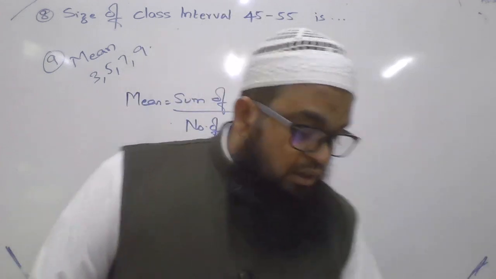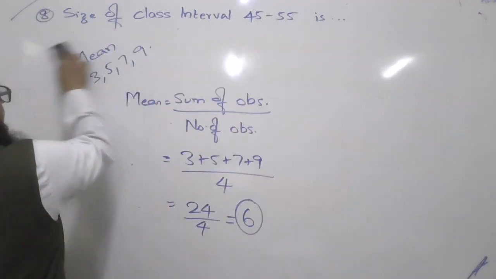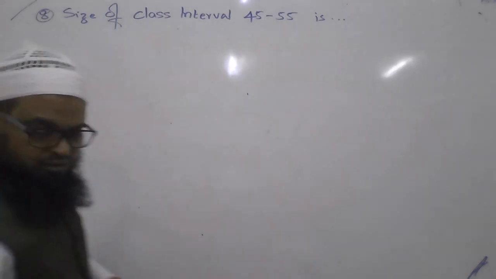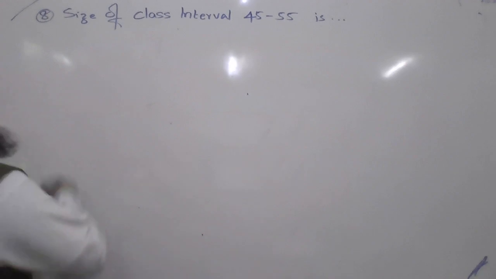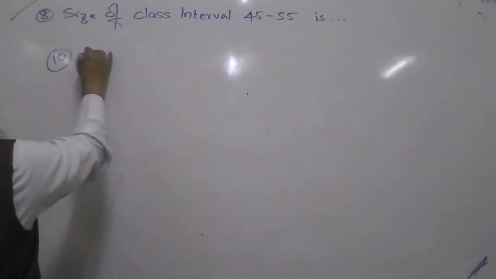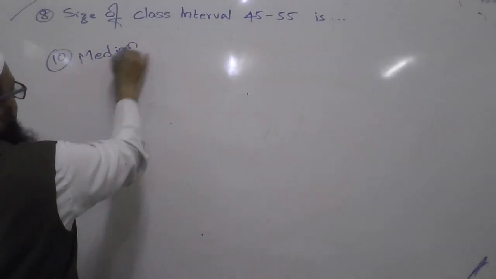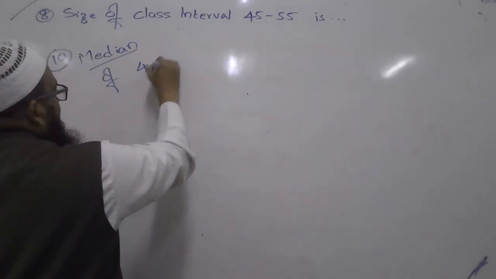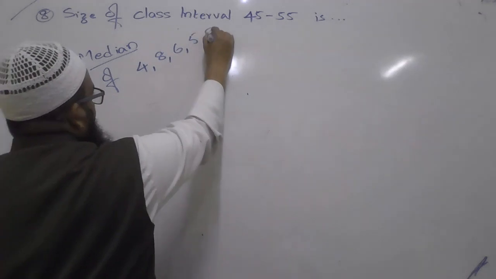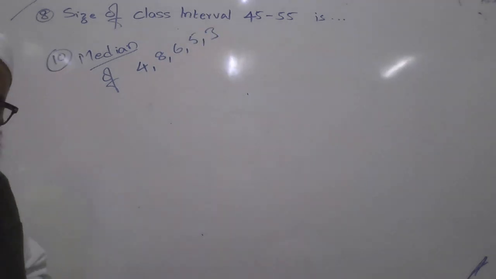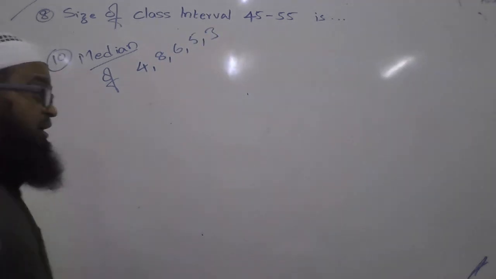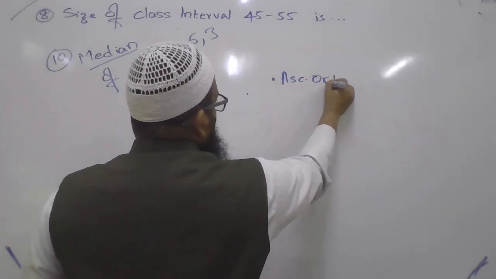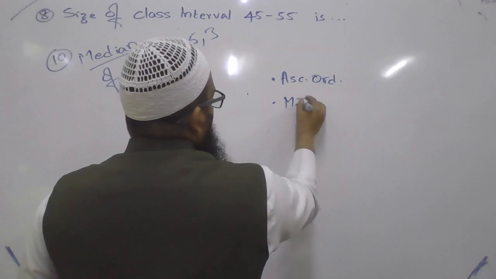So let me write one more, which is a little bit easier to write. I don't pause the video. And in the 10th question you have to find the median, which we have studied in grade 9, of 4, 8, 6, 5, 3. So how will you find median, my dear students? In order to find median, please remember, arrange in ascending order and find the middlemost.